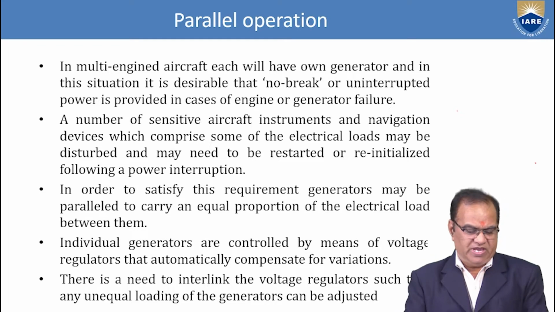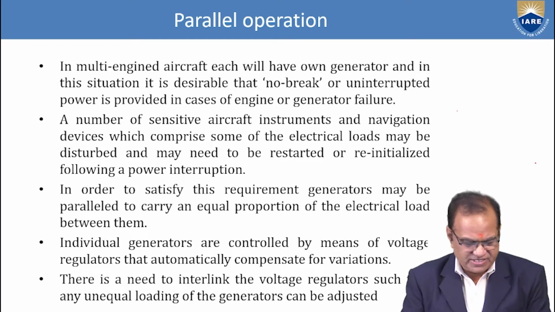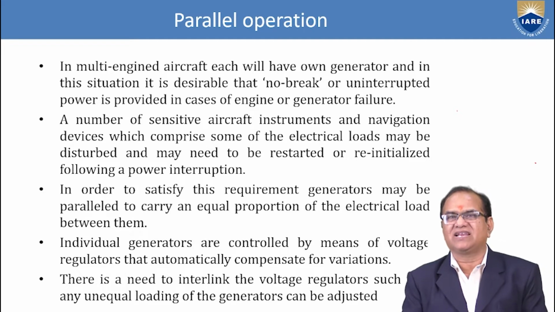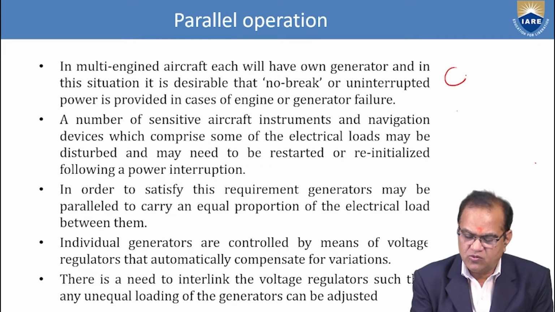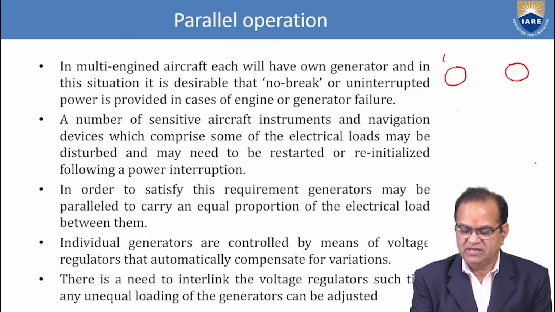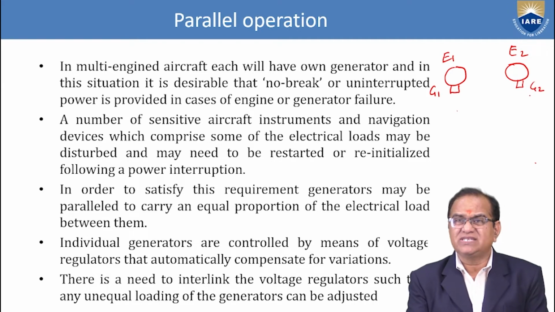Third point: in order to satisfy this requirement, generators may be paralleled to carry an equal proportion of the electrical load between them. Just now I told you that we have two engines. I am writing here: these are engine 1 and engine 2. Here we are fixing generator 1, G1, and this is G2.